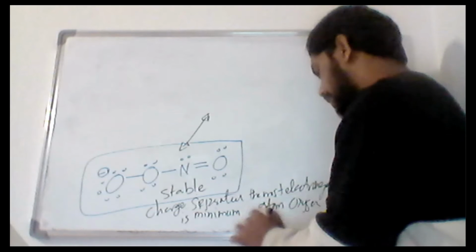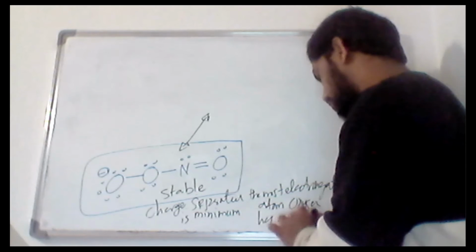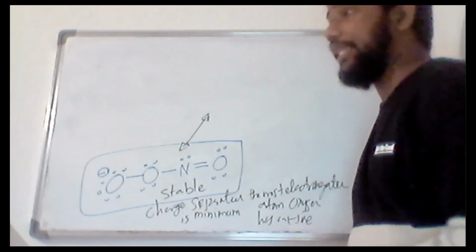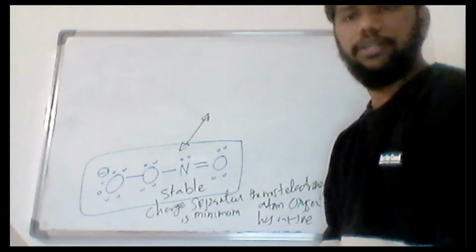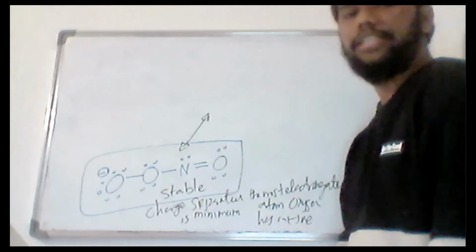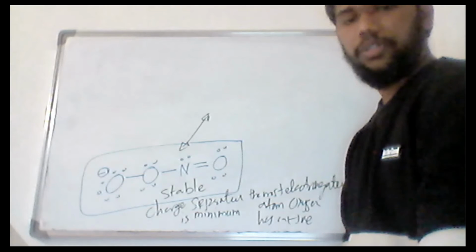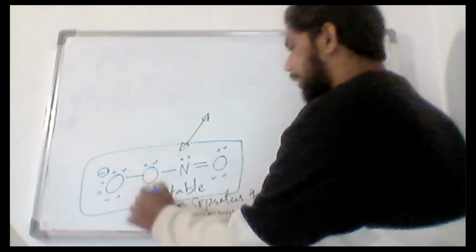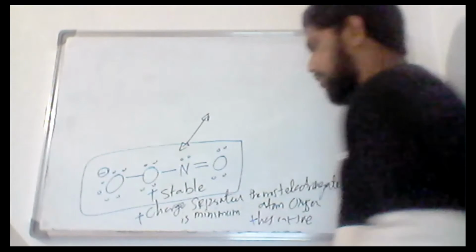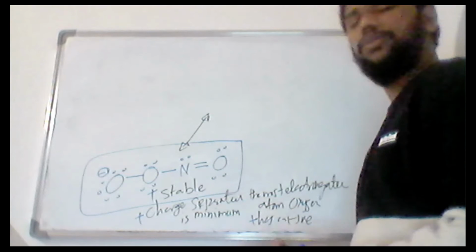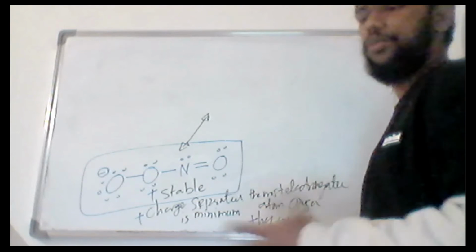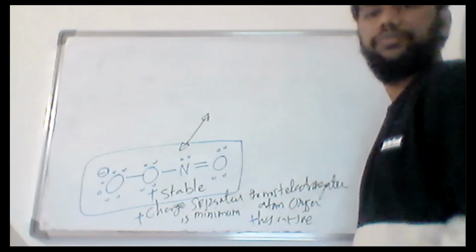Oxygen has a negative charge, because oxygen, when there is a negative charge, it likes it. Okay, so this structure is therefore stable. Okay, write down all. Write this, and write this. Either you can write this one or this one, but write both. That is how your answer becomes comprehensive.